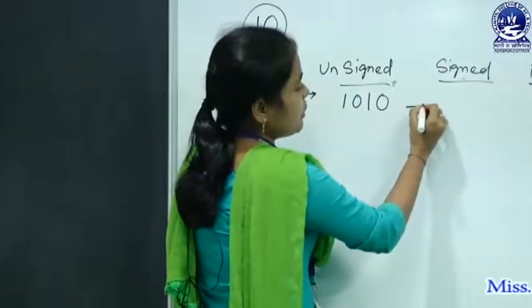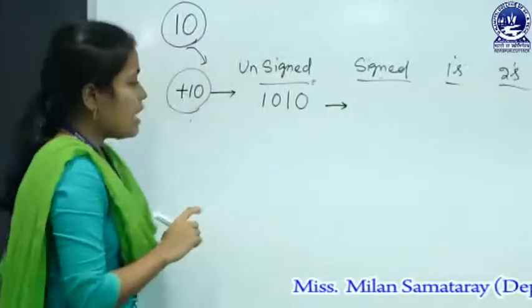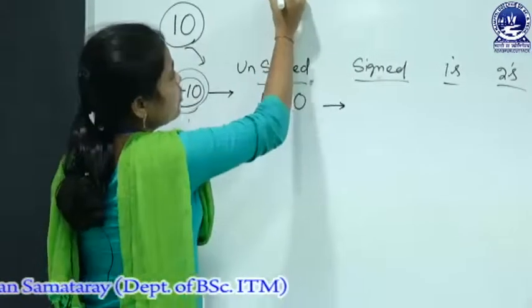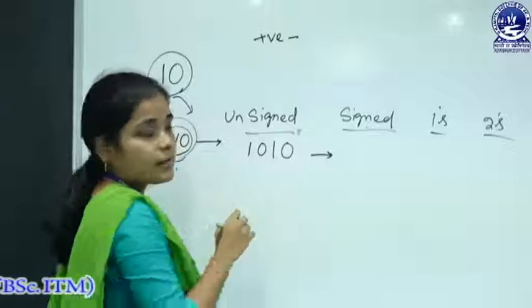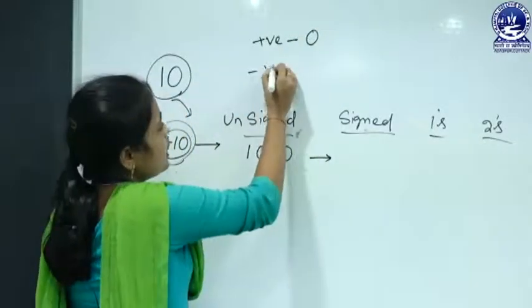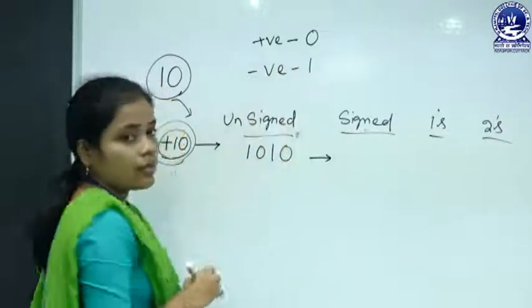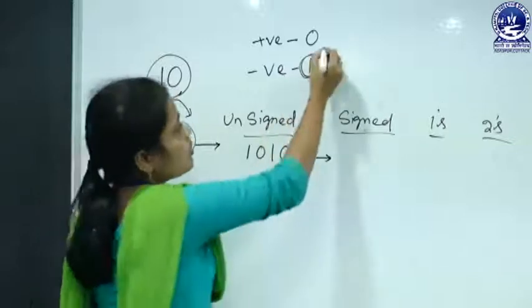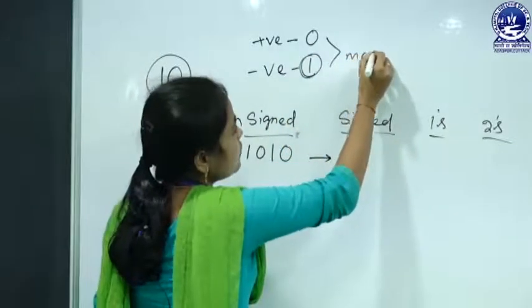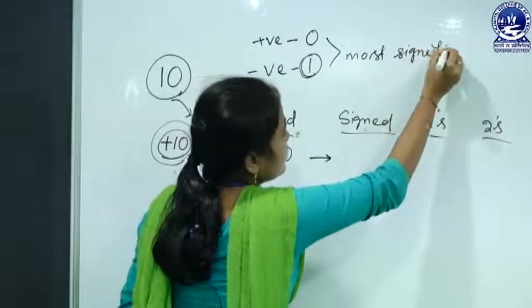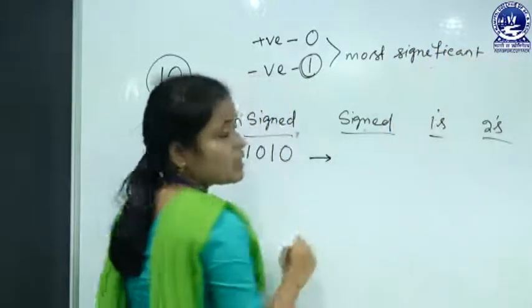If we represent it with the sign bit, as it is positive, then for a positive value the bit will be 0, and for negative the bit will be 1. And where will we place this bit? This bit must be the most significant bit. What is the most significant bit?